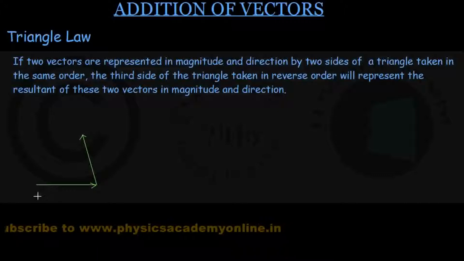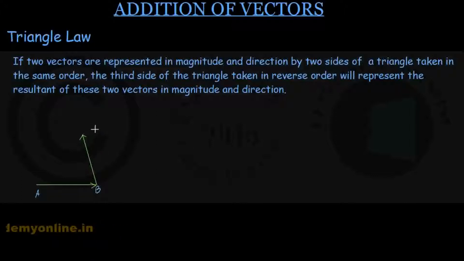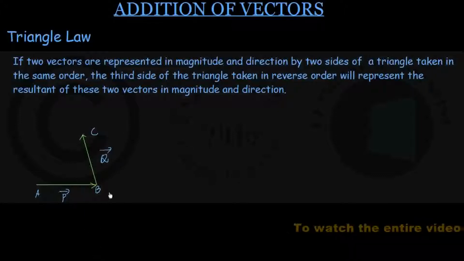The first one is called the vector AB and the second one is the vector BC. Now we can also say AB is representing vector P and BC is representing vector Q. Then this is the way of two vectors representing in magnitude and direction.